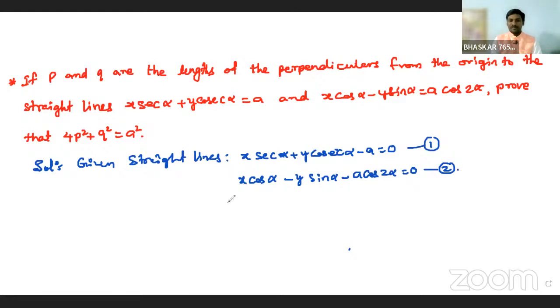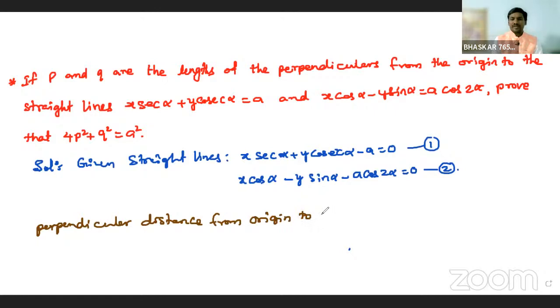So now, what is given here? The length of the perpendicular from the origin. What is the formula for finding the perpendicular distance from the origin to the line ax plus by plus c equals 0?